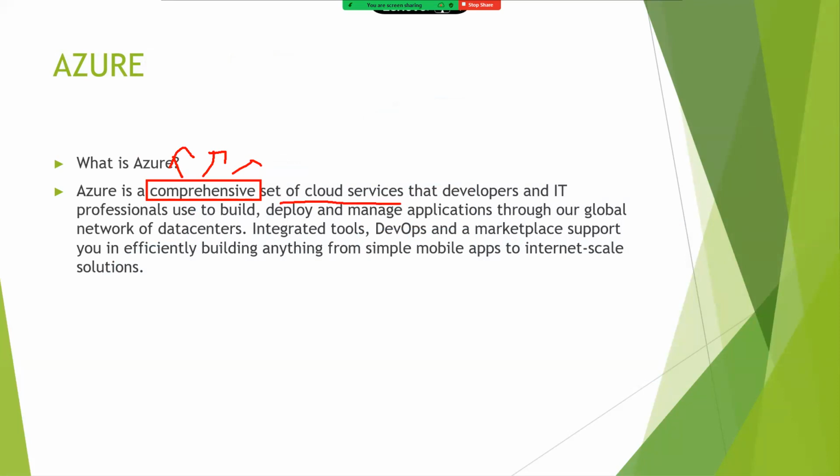A set of cloud services where we can build, deploy, and manage applications through global network data centers. This word is important: through global network data centers. Clear? What does global network data centers mean?